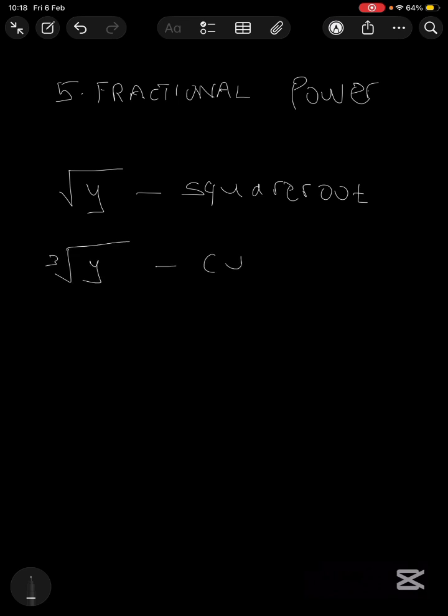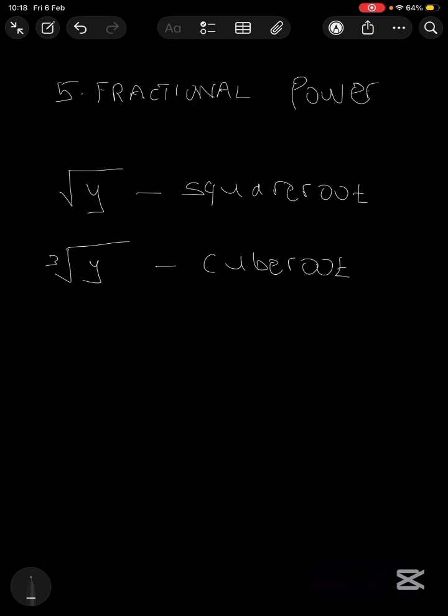For example, I want to give you an example. This is the square root, you know that this is the square root. Then the cube root is denoted as a cube root with 3.